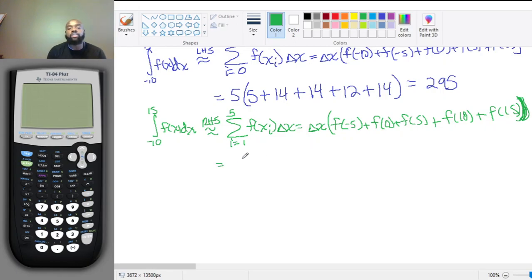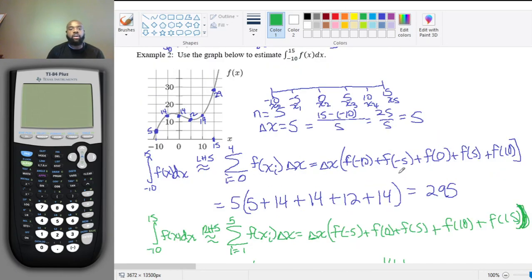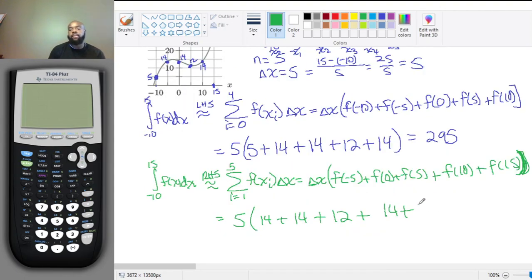And so our delta x was 5, and our f of negative 5 was 14. F of 0 was 14, f of 5 was 12, f of 10 was 14, and f of 15 was 29. We add those together, we get 415.